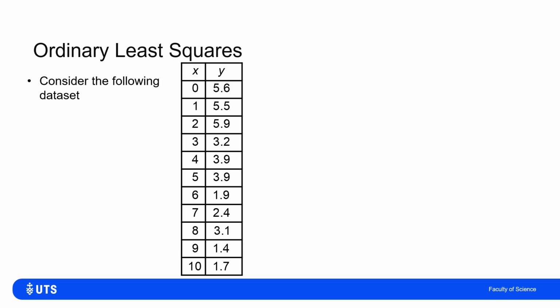Let's actually apply this to a data set, and again, a data set which measures exactly what I totally made up. So here is a set of observations of x and observations of the response y. I think fairly clearly we can see that the trend line will go top left to bottom right, so a negative gradient.